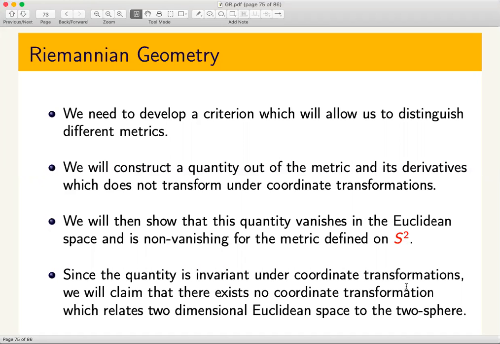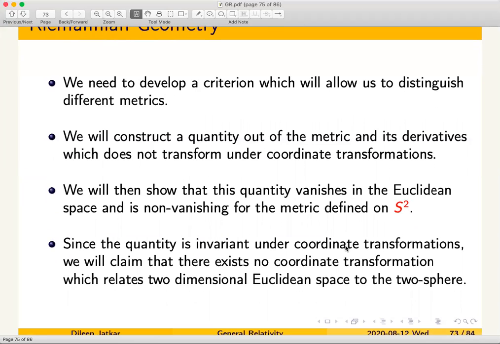Now we have been saying for some time that all vectors and tensors do not transform, so one could wonder why we aren't using just tensors. The point is that we really need to use components of these quantities, because although the tensor itself does not transform under coordinate transformation, it is written in terms of a specific basis, like dx alpha, which is a specific choice of basis vectors.